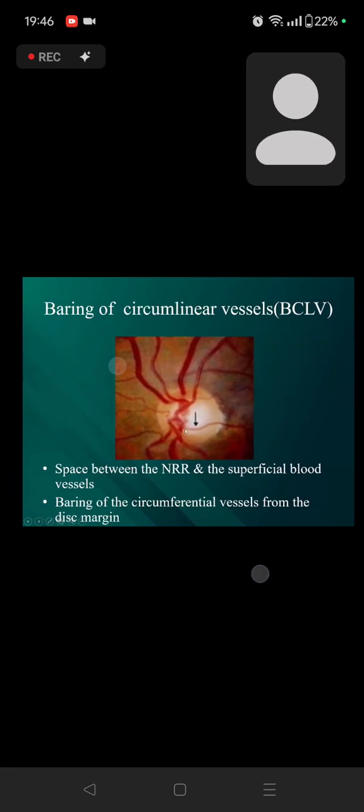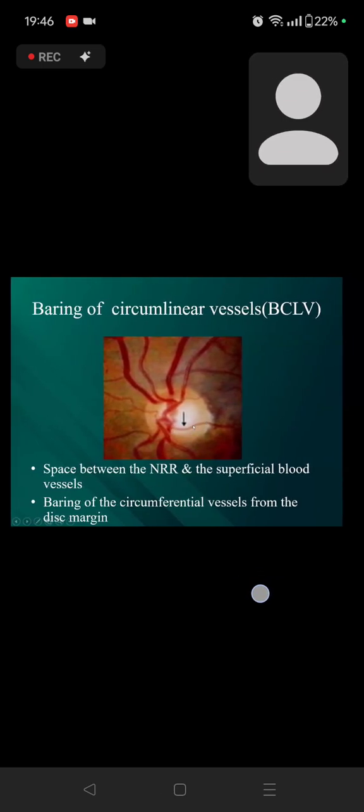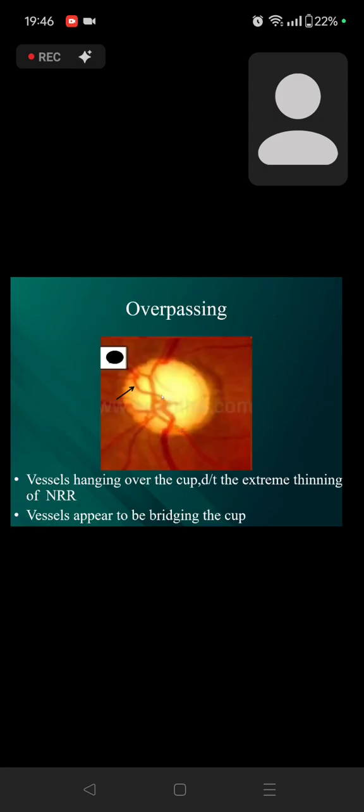The circumlinear vessels, due to the neuroretinal rim loss, there will be a space created between the optic disc and the circumlinear vessel. So that is called bearing of circumlinear vessels. The next, overpassing. Overpassing means the vessel, while coming out, due to the extreme NRR thinning, appears to bridge the cup. That is, it is floating over the cup. That is called overpassing of vessels.